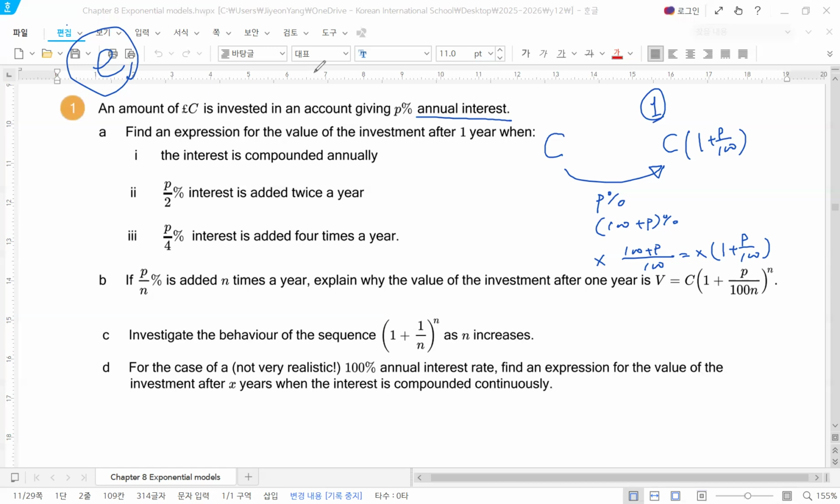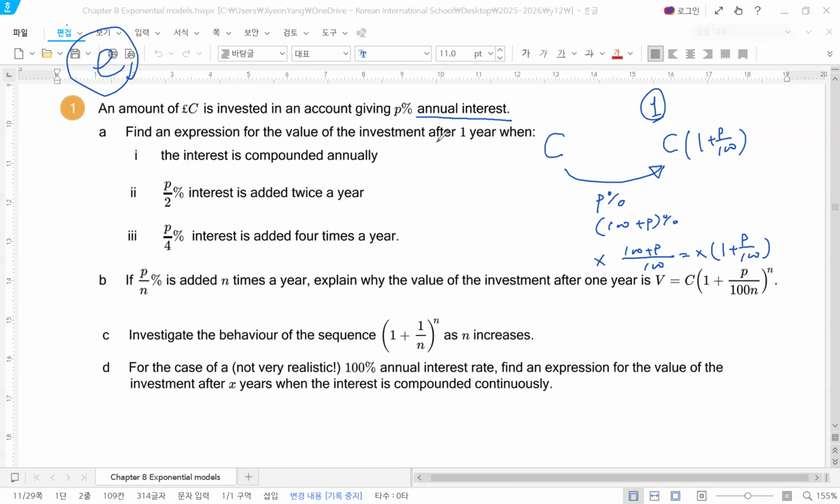So what's the multiplier? Times 1.2. You need to divide it by 100 to find the multiplier. So the money that you can get after 1 year, if the interest rate is 20%, is going to be 120. It is very clear, right? Which is 100 times 1.2. Okay, so it means that you need to divide it by 100. Otherwise, it doesn't make any sense.